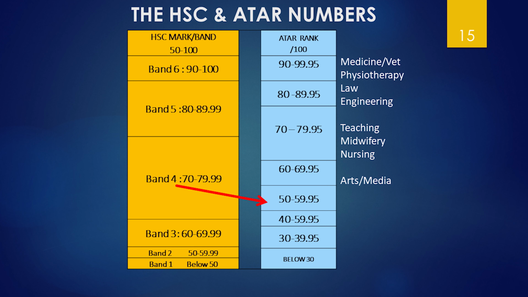This slide is a very quick summary of how marks translate to ATARs. HSC marks are reported between 50 and 100. They are reported in bands. As you can see, band 6 includes marks between 90 and 100 and so on. The average mark in the HSC is 75.